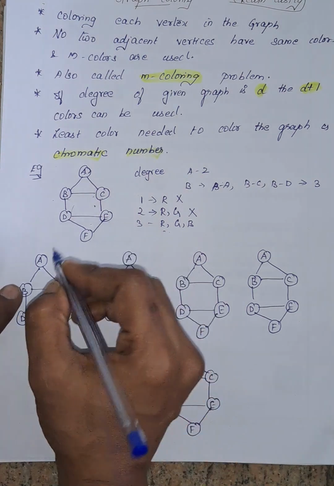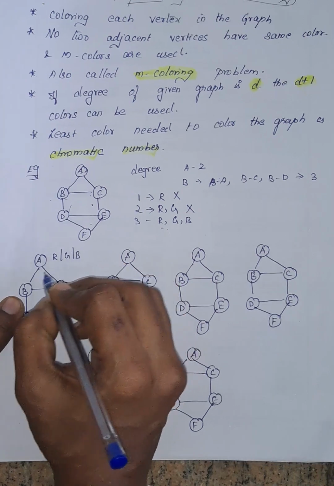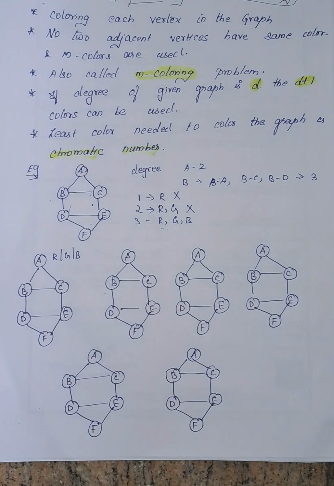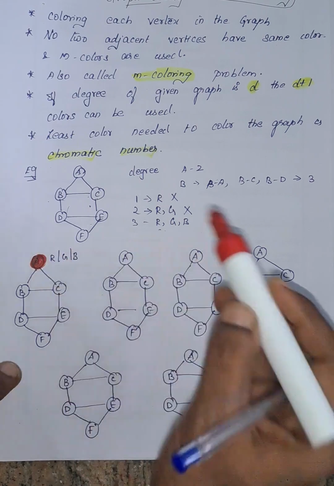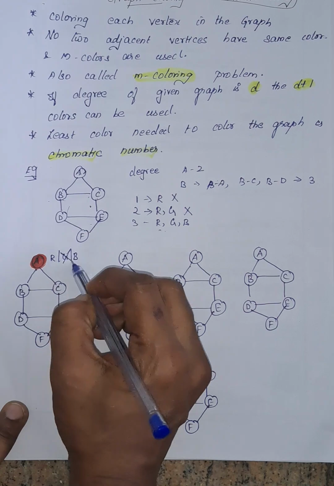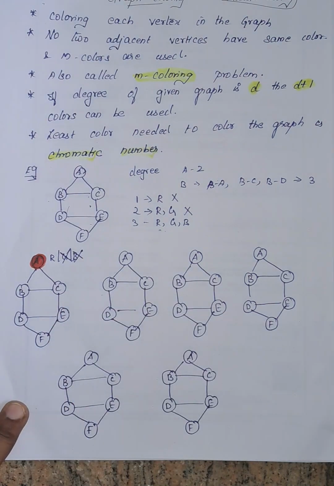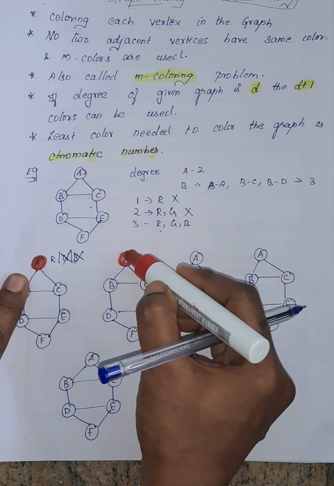So initially, I am assigning red color. A can be any color, so here I am going with red. So I am going to use A as red. Okay. So already from here I have assigned red.